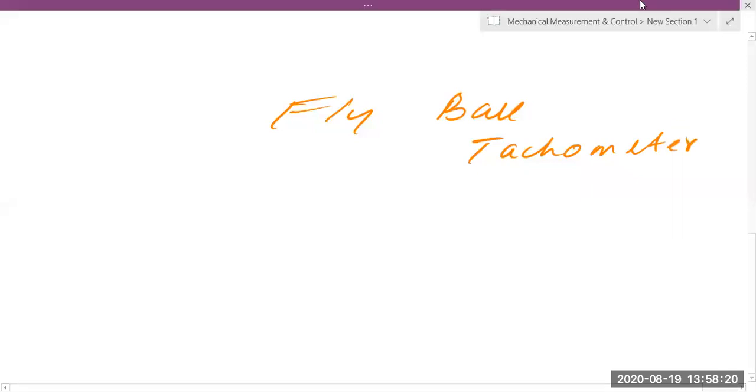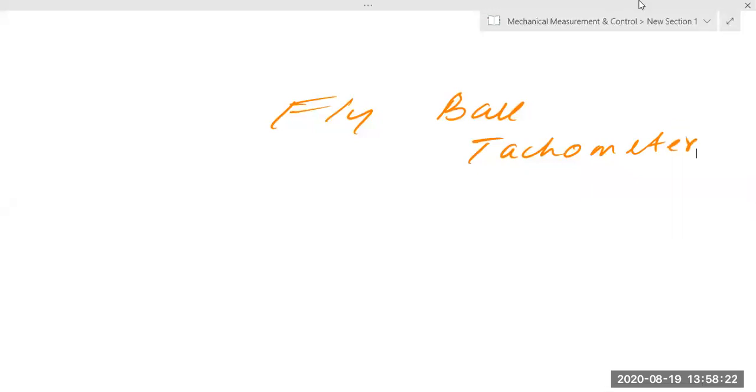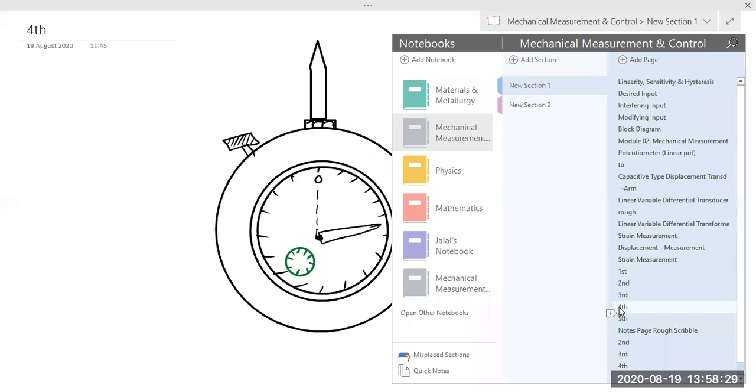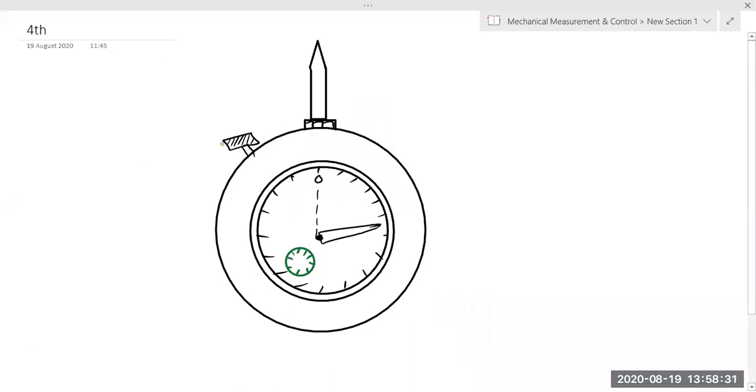I'll just move to the second type. This is very simple; you can look at this picture right now. Suppose this is my dial gauge.